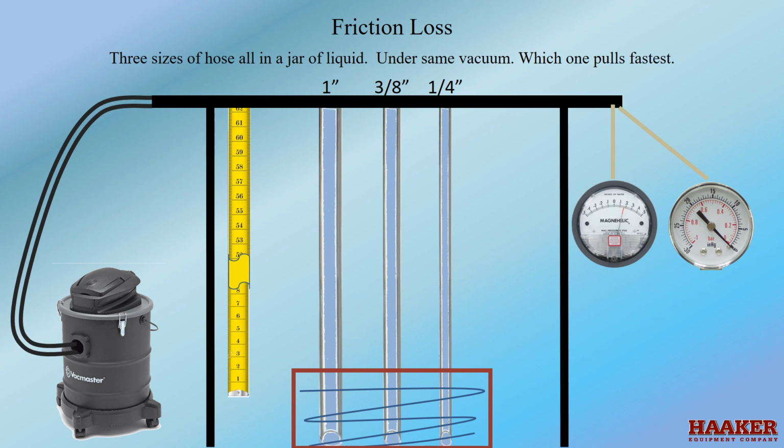A smaller diameter hose will have higher friction than a larger diameter hose. To demonstrate friction loss in hose size, we have 3 sizes of hose all in a container of water: 1 inch, 3/8 inch, and 1/4 inch. Under the same vacuum, which one pulls fastest? Shut off the vacuum, and they will equalize.